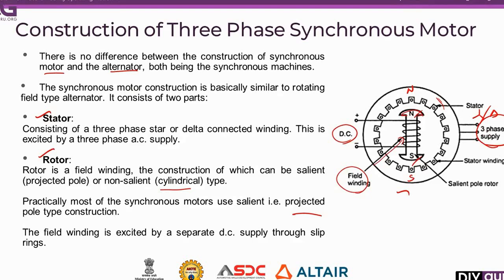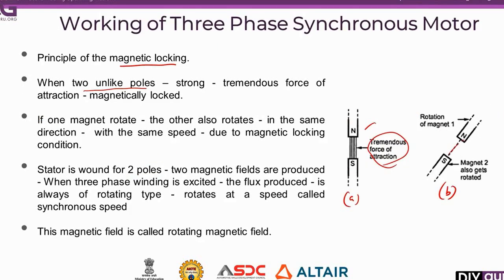Here we are giving a three-phase supply. You will have two poles, north pole and south pole. Because of this three-phase supply, there will be a flux produced flowing in this region. Now if you take this as the motor, this is the stator, and inside this you will have a rotor. The conductors present in the stator are supplied by a three-phase supply.